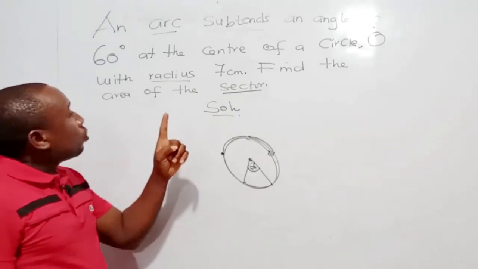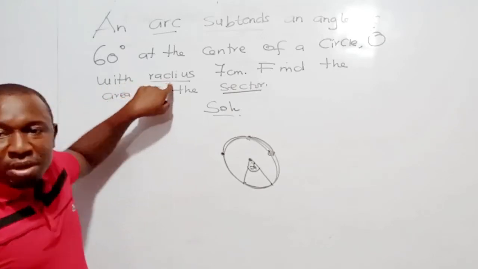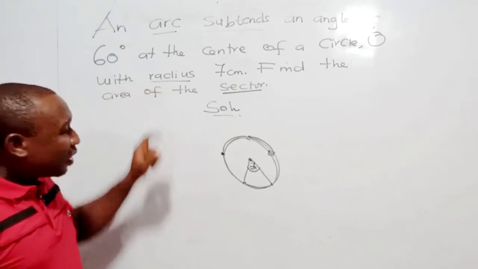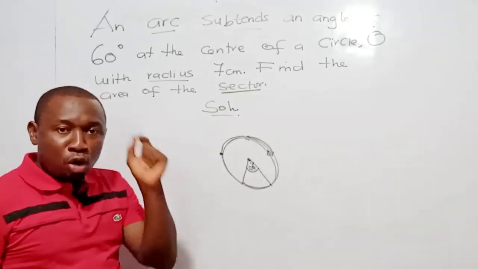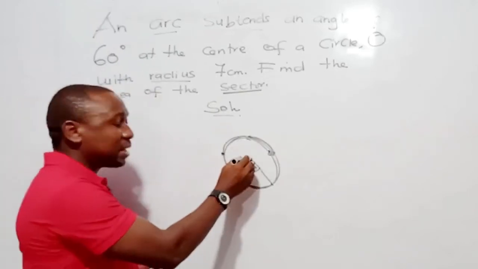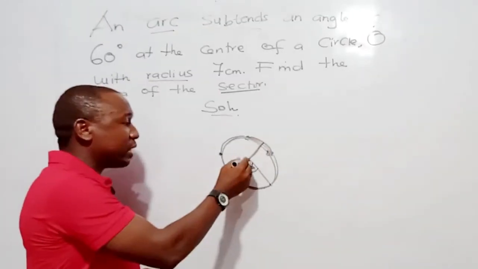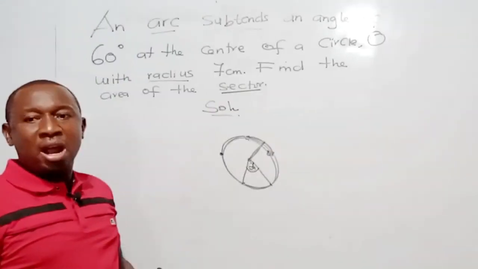Now, we also need to understand what we mean by radius. Any line drawn from the center of the circle to touch the circumference is also called a radius.